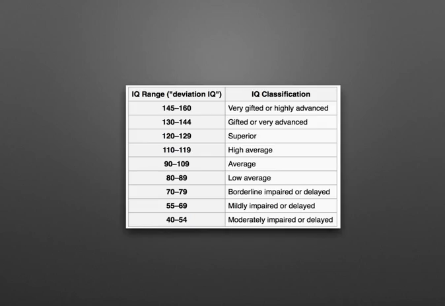So a score of 145 to 160 is going to be very gifted or highly advanced. 130 to 144 is going to be gifted or very advanced. 120 to 129 superior. 110 to 119 is going to be high average. 90 to 109 is average.